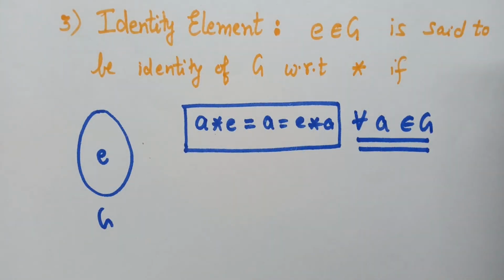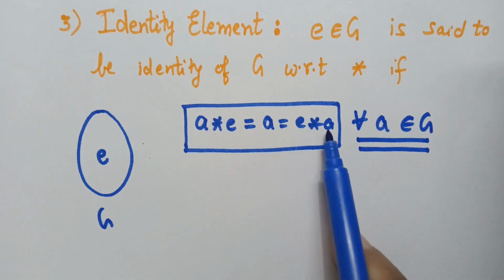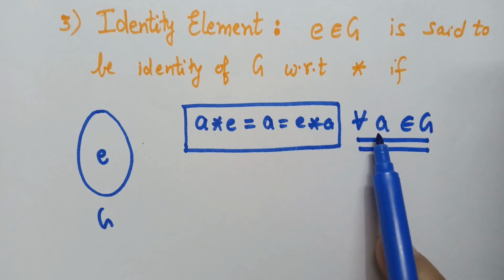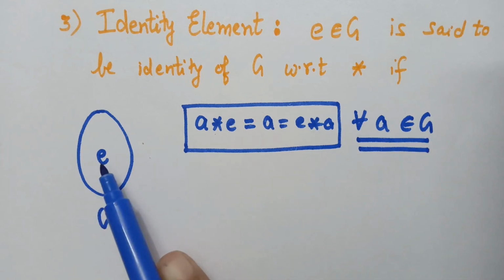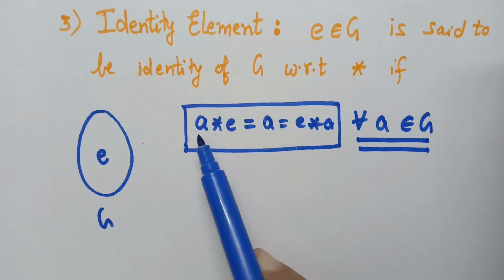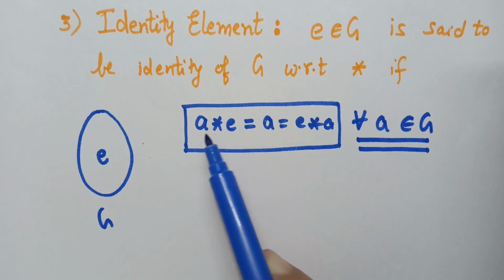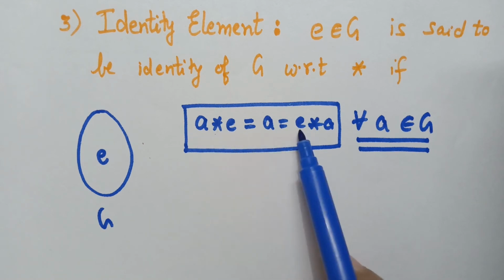Next is identity element. An element E belonging to G is said to be identity of G with respect to the given binary operation star if A star E is equal to A and E star A is also equal to A for all A belonging to G. That means identity is such an element of the given set which, when combined with any element of G, produces the same element, irrespective of the order in which identity is combined with that element.